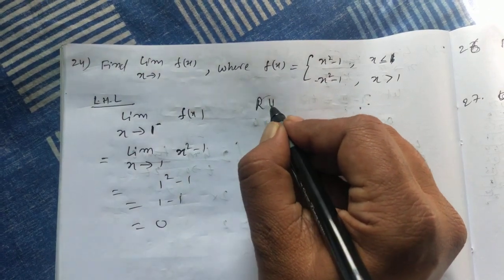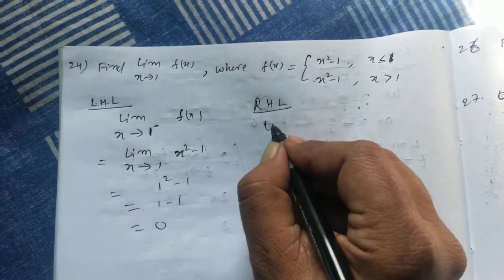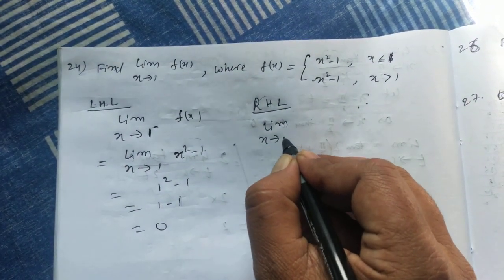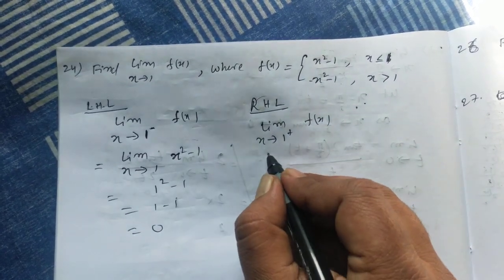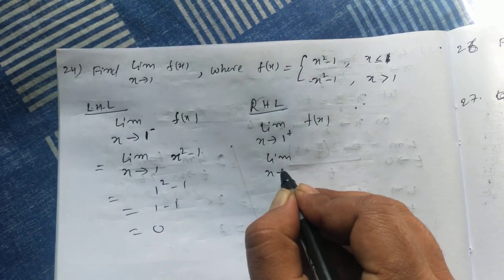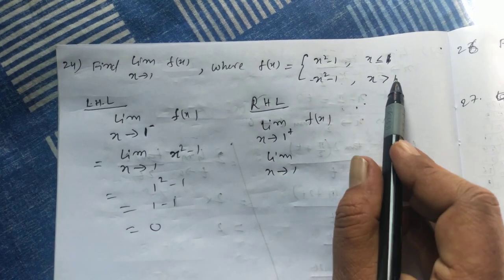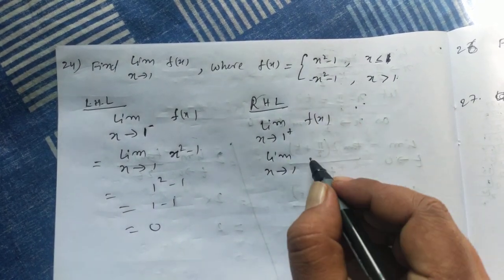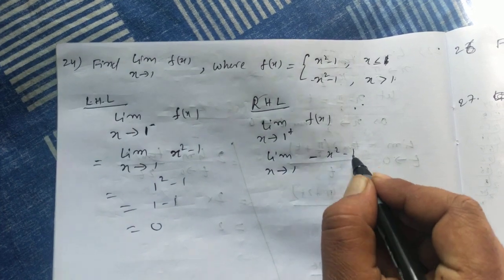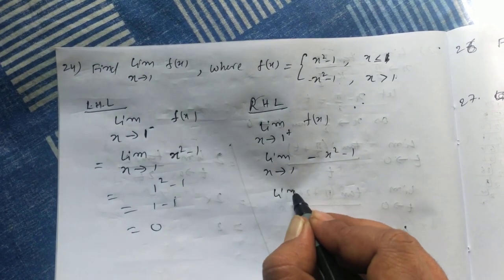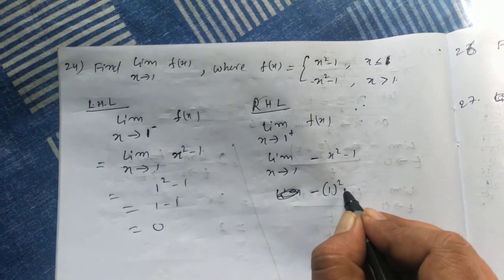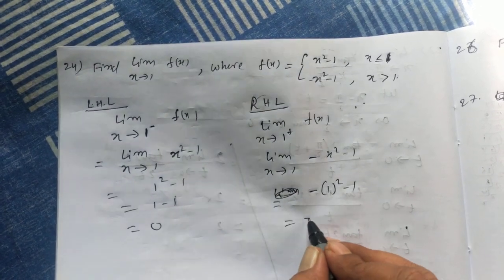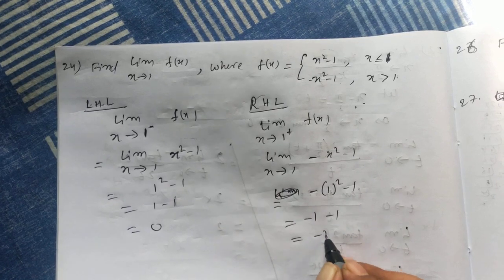Let us do right hand limit. Limit x tends to 1 positive f(x). Limit x tends to 1 positive means more than 1, so I have to use this, minus x square minus 1. If I put the value, 1 square minus 1, we're getting minus 1 minus 1, that is minus 2.